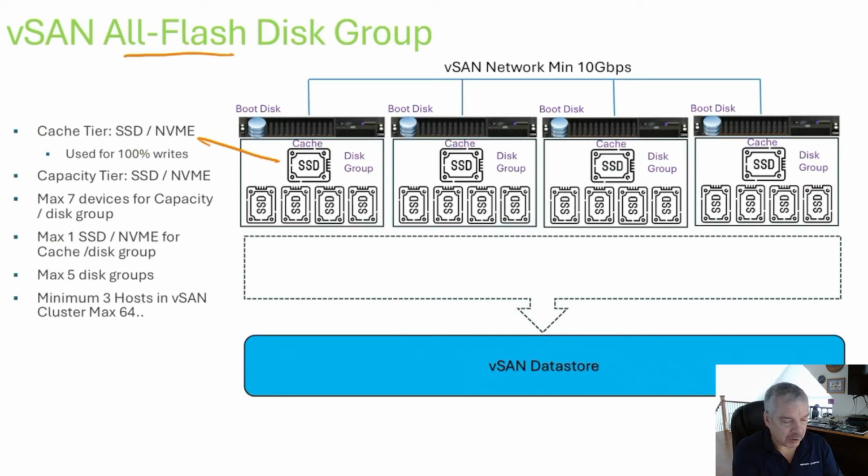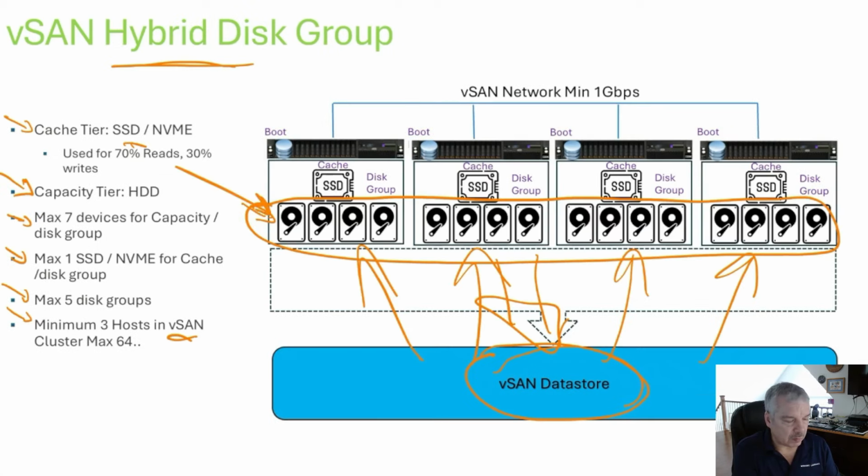We have our cache tier, which is still, again, solid state, NVMe, whatever, right? But then our capacity tier now is not using those slow spindle disks. They're using the solid state disk. Now, back here, when I say slow spindle disk, I'm referring to something like maybe SAS drives, SATA, that type of thing.